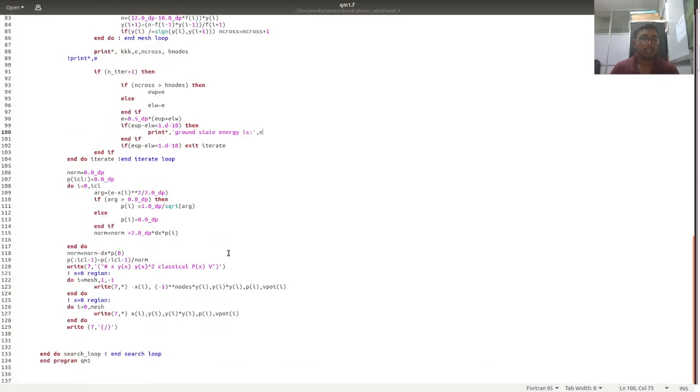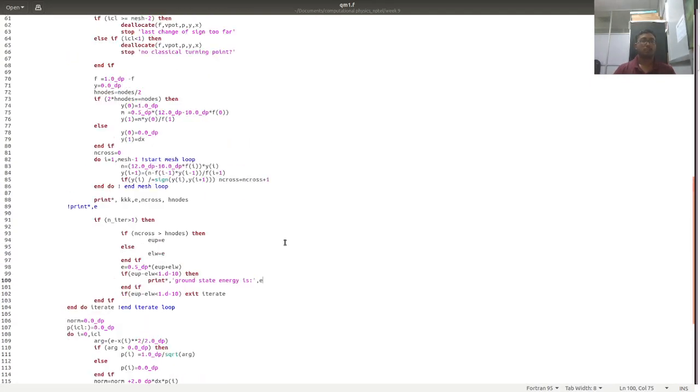The other things in the later part of the code are not necessary for this particular problem, so we have to understand up to this point.